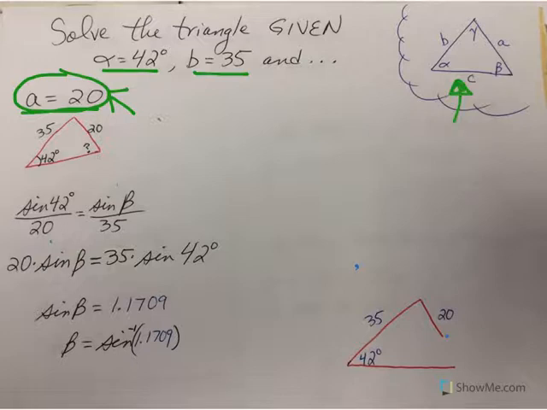It's important that you label the information given in the problem accordingly: opposite of side A is alpha, opposite of side B is beta, and opposite of side C is gamma. So if the given information here is A is 20, opposite of side A has to be alpha, which is 42, so I label the angle there.